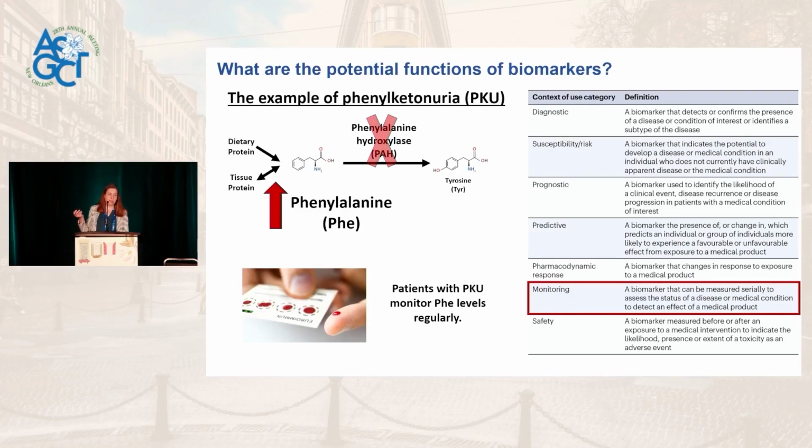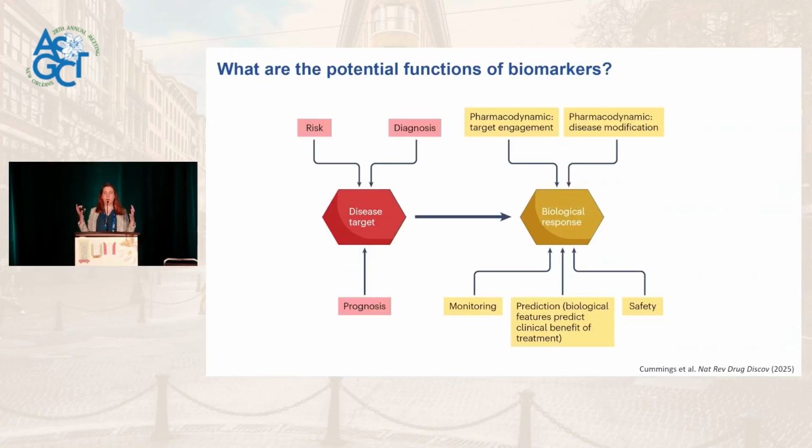And if you sort of categorize all the different things a biomarker like phenylalanine can do, you can see that it can both quantify elements of the disease target and elements of a biologic response to something, whether that be an intervention, a drug, a diet, whatever it is that you're trying to assess. So in terms of the disease target, it can help you identify risk and diagnosis and prognosis.